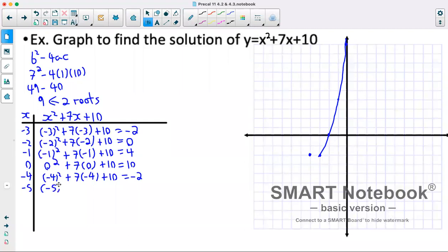Next, we'll do negative 5. So negative 5 squared plus 7 times negative 5 plus 10. So negative 5 squared is 25 minus 35 would be negative 10 plus 10 is 0. Okay, so our parabola would look like this, and we would have x values of negative 5 and negative 2.